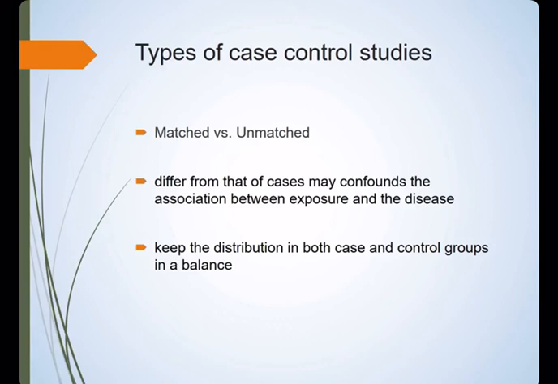When the case is a 40-year-old woman, we choose a 40-year-old woman as control. Finally, when we compare the exposure proportion between cases and controls, sex and age distribution will be in balance between these two groups. Then we may control the confounding from the variables of sex and age. Therefore, the purpose of matching is to reduce the likelihood of confounding. For whatever variable is matched, confounding caused by this variable would be controlled.